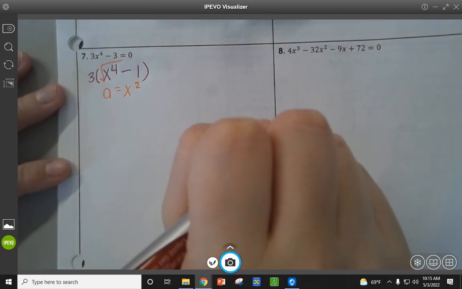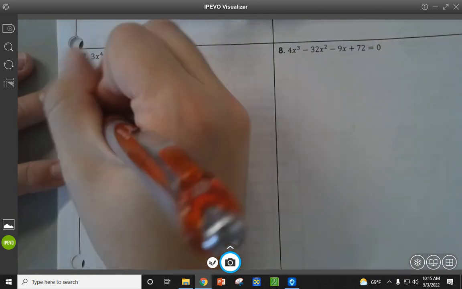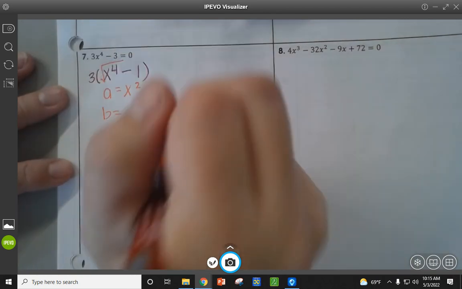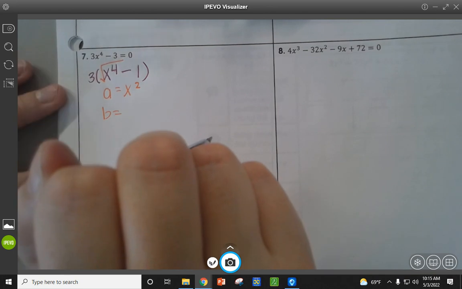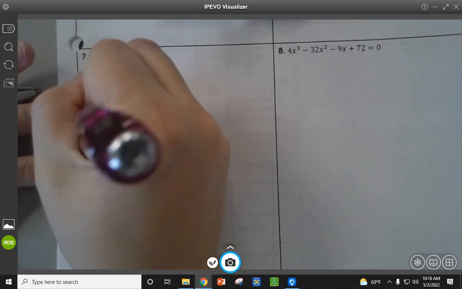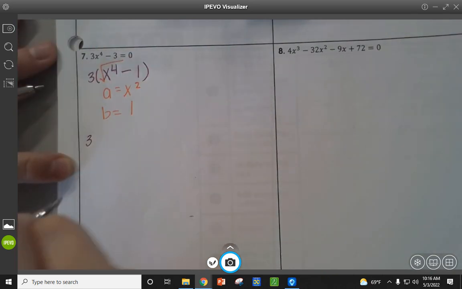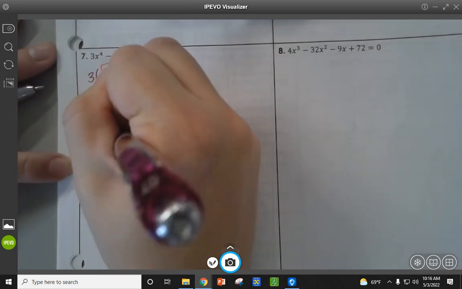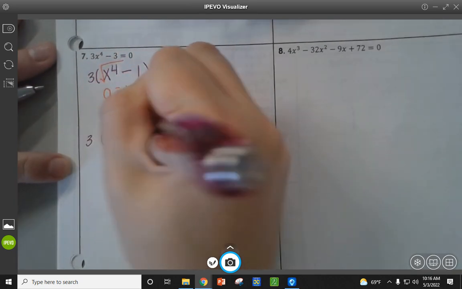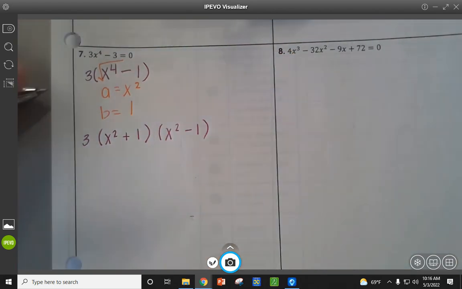We divide the exponent by 3 when we're taking the cube root. b is the square root of 1, which is 1. So this is 3 from my GCF, x squared plus 1, x squared minus 1.